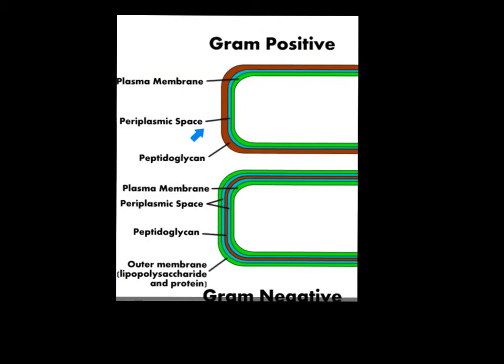And so here we have a representation of both the gram-positive and the gram-negative cell walls. Now, our gram-positive have a thick peptidoglycan layer, where our gram-negative have a very thin peptidoglycan layer. It's this thick layer that allows the crystal violet iodine complex to hold tight to our gram-positive bacteria, giving them that purple blue color.